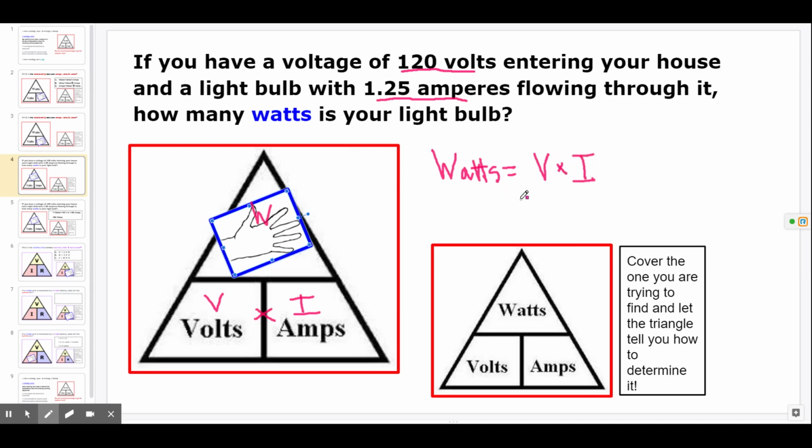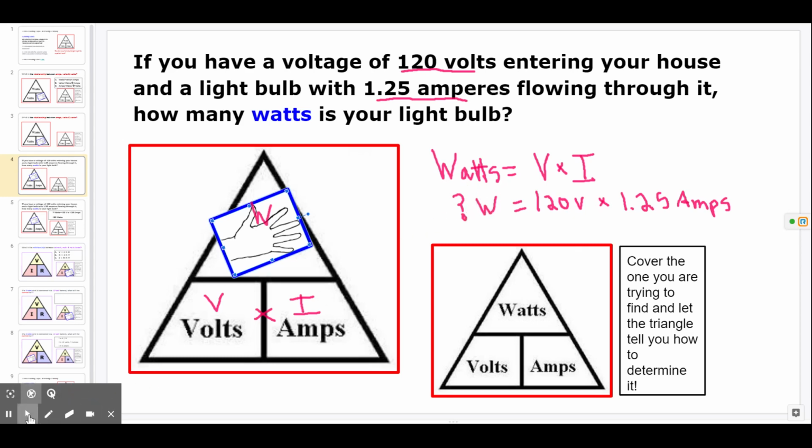And that means watts equals 120 volts times 1.25 amps. And that's going to give me my answer in watts.